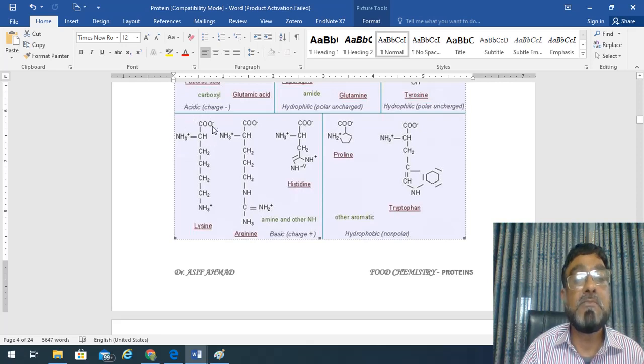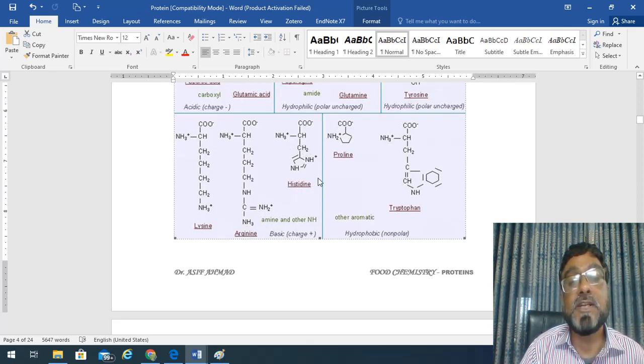This is the same structure as we discussed, and there are 4 CH2 and 1 terminal NH3 in the lysine. And in arginine, there are 3 CH2, then NH, C double bond NH2 and NH3.